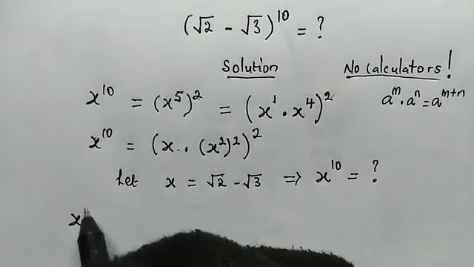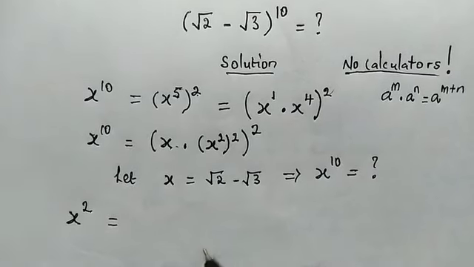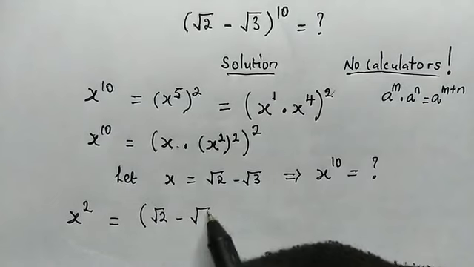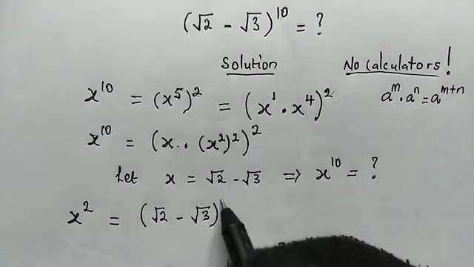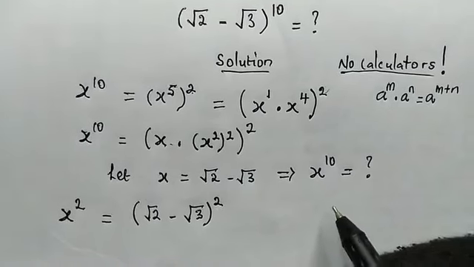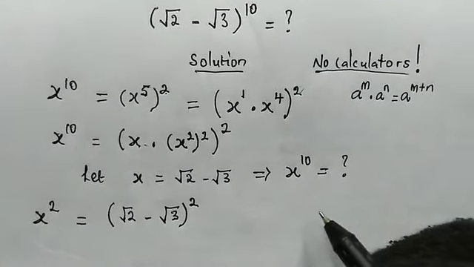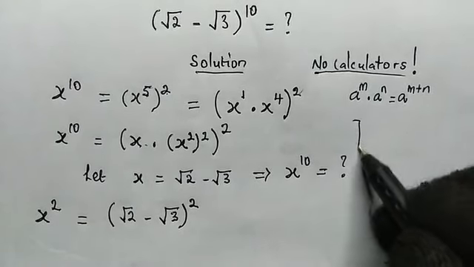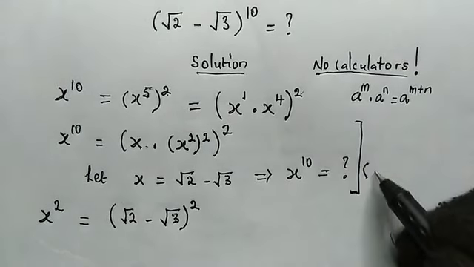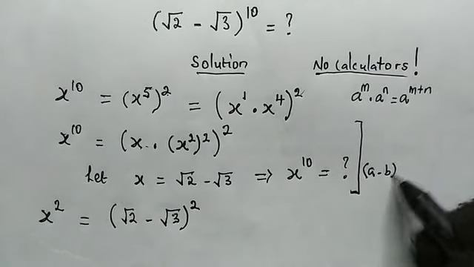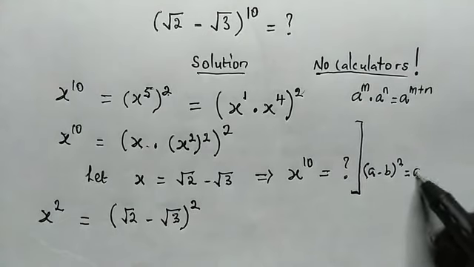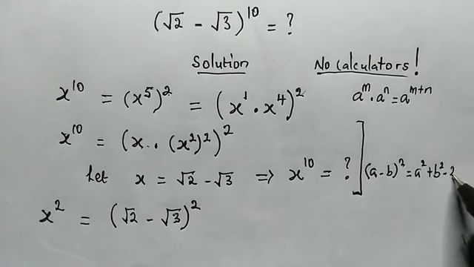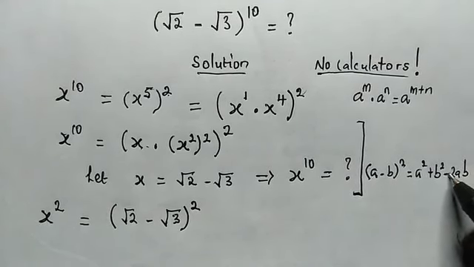So here our x squared will be equal to root of 2 minus root of 3 all squared. Then let us make use of this identity. We know that a minus b squared is equal to a squared plus b squared minus 2 times a times b, right?